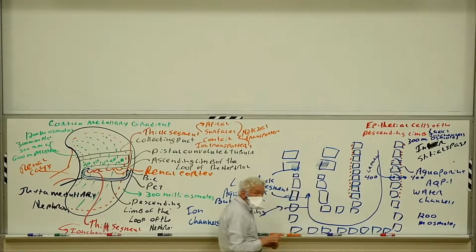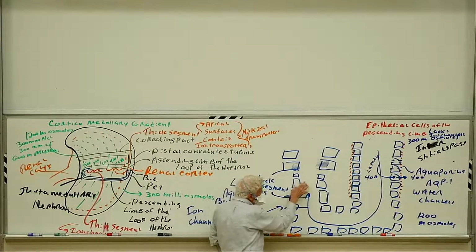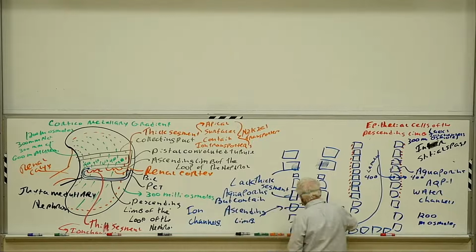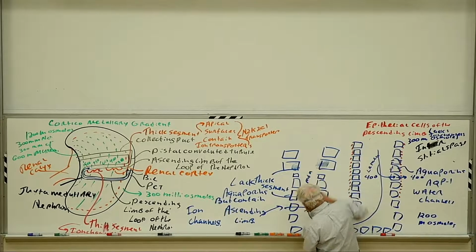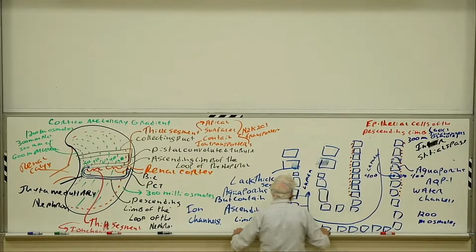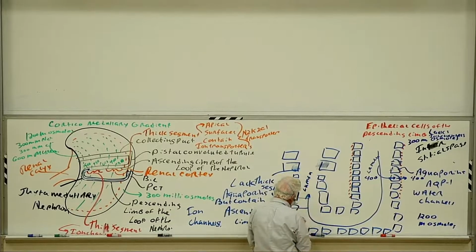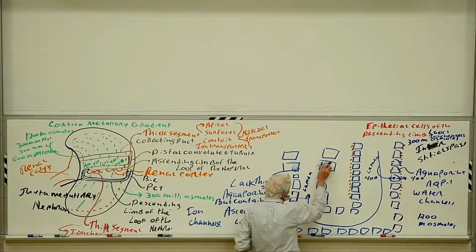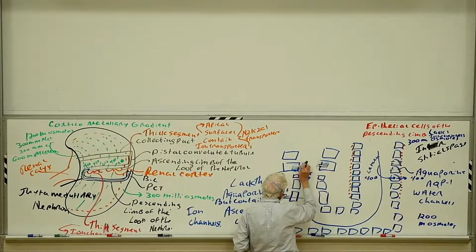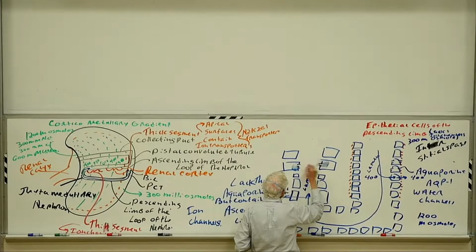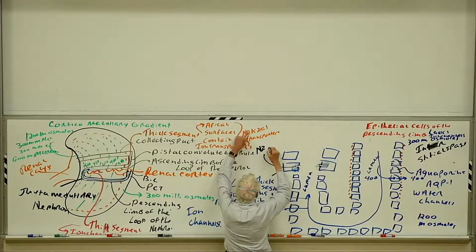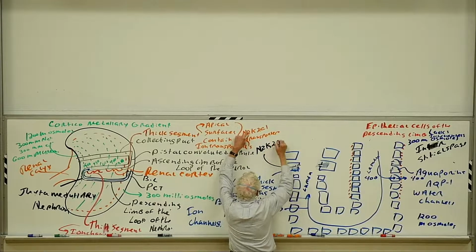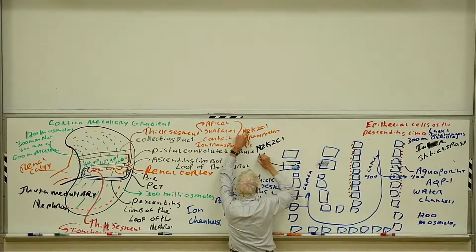If we look carefully at these cells, and again, remember, this is lumen here. On the apical side, or on the luminal side of these epithelial cells, we now begin to see a new set of proteins. And these new proteins are the sodium potassium 2 chloride transporters.